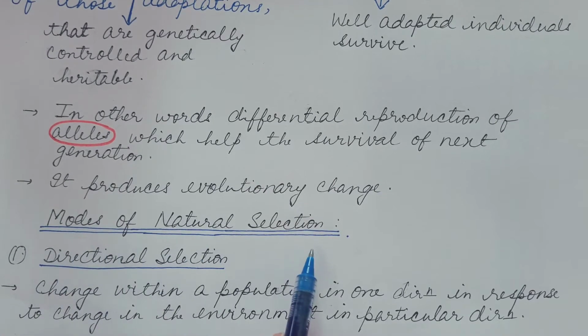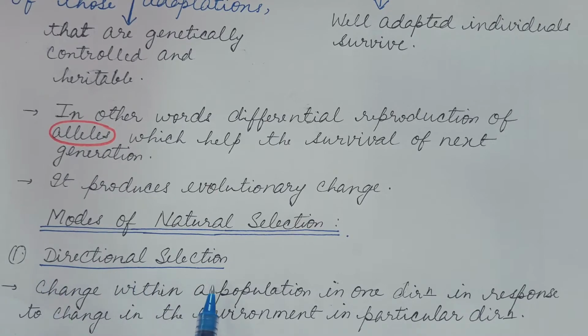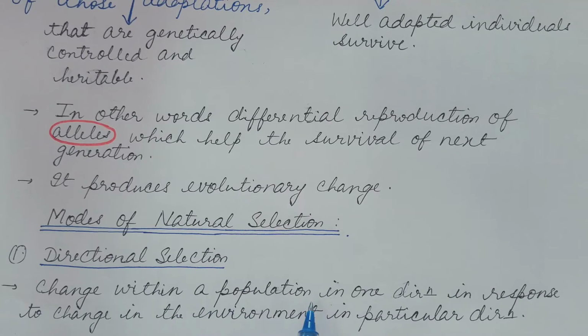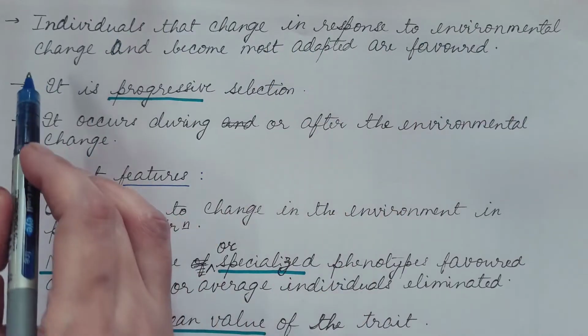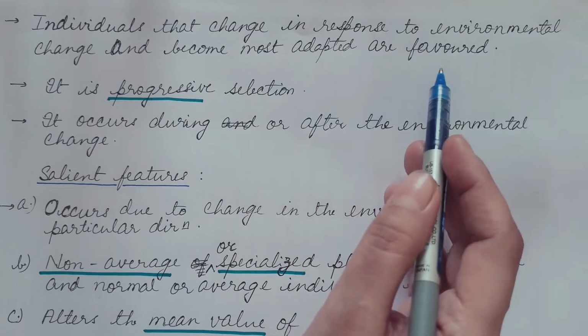Now the modes of natural selection. Let us see them one by one. First is directional selection. Directional selection is change within a population in one direction in response to the change in the environment in a particular direction. Individuals that change in response to environmental change and become most adapted are favored.